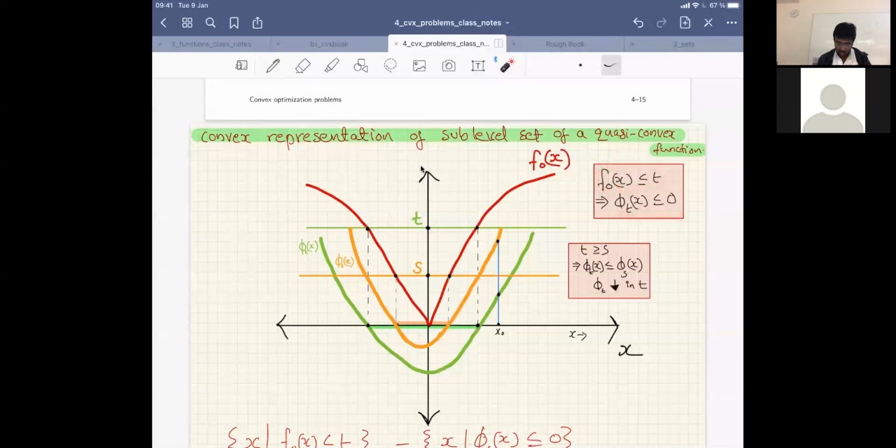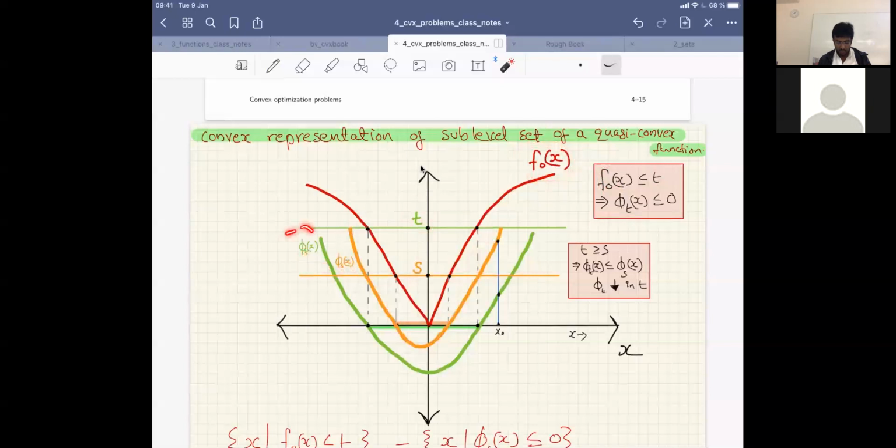Now if I change t, I come up with a new sublevel set and a new function phi_s(x), which has a zero sublevel set of this. So if I can find a convex function like this, you have an original quasi-convex function, but corresponding to each t-th sublevel set, I can find a family.